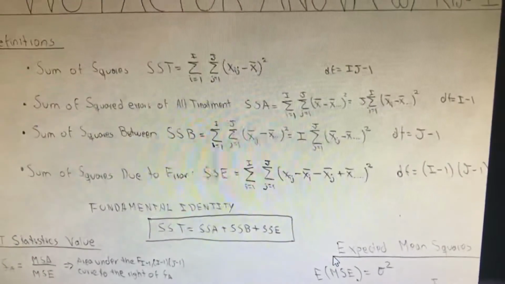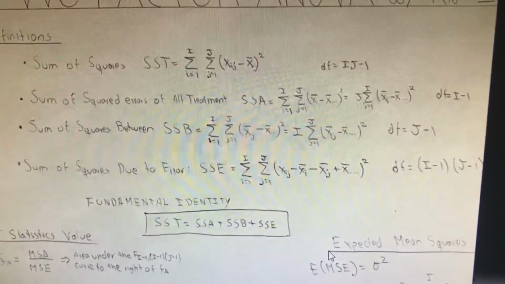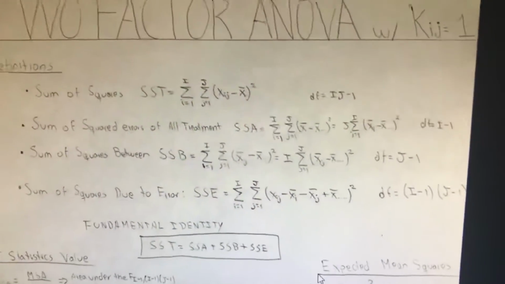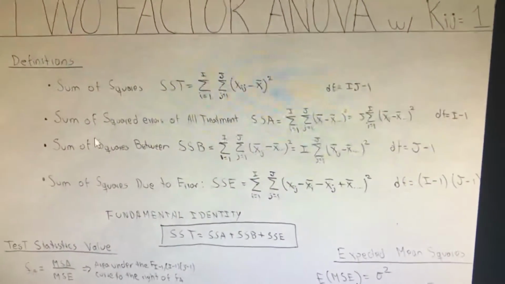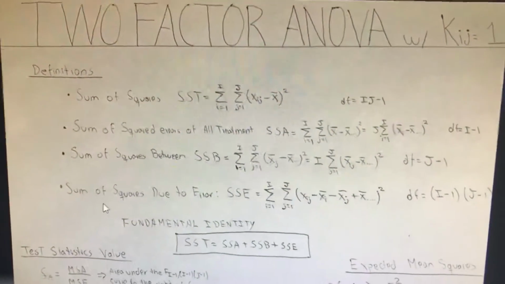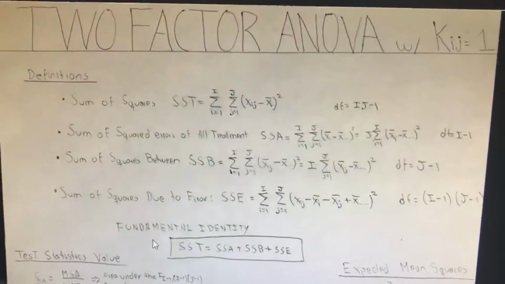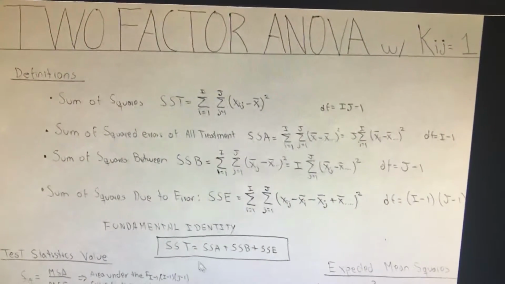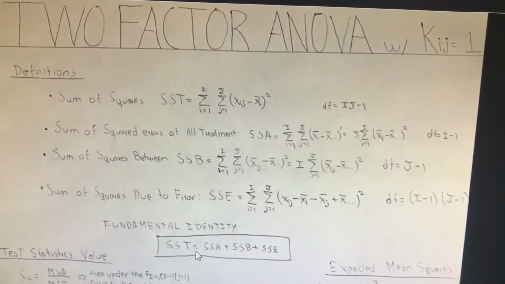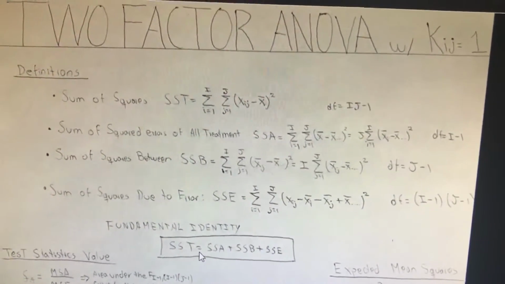And whereas single factor ANOVA had two sums of squares, now we have four sums of squares in the two-factor ANOVA. We have sum of squares, errors of all treatments, sum of squares between, and sum of squares due to error. But the fundamental identity is that the sum of squared errors of all treatments is equal to SSA plus SSB plus SSE.